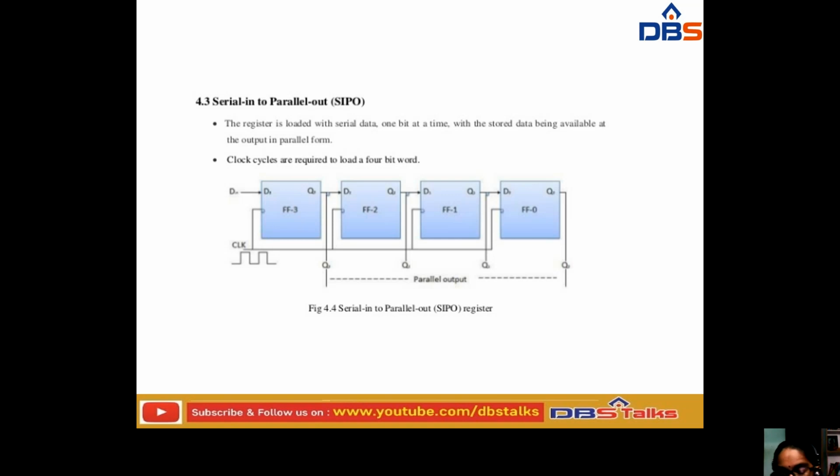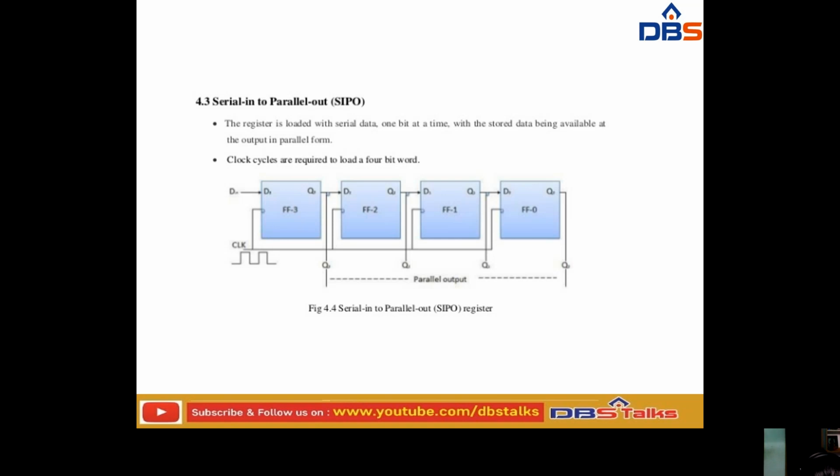But at the time of receiving the output, all the outputs of the flip flops will come parallelly. If you consider the outputs as q0, q1, q2, q3, all the outputs of the flip flops are sent parallelly.